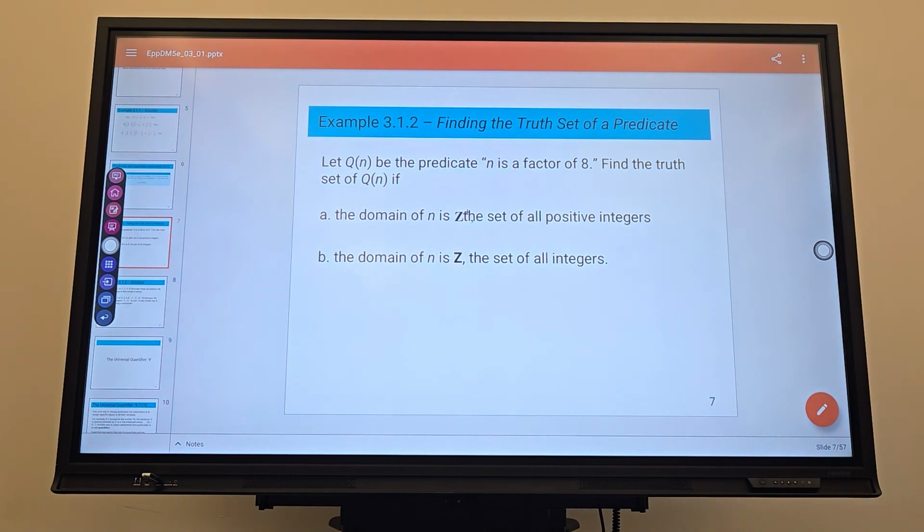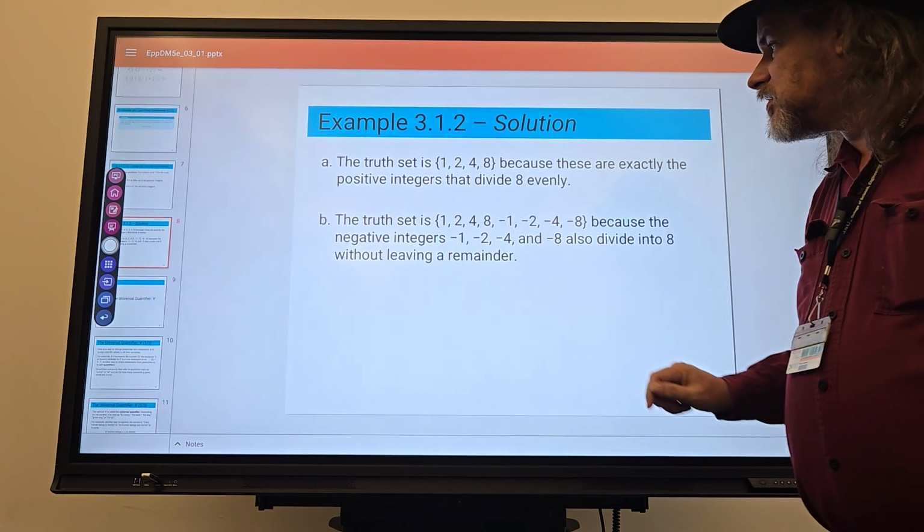The truth set for all positive integers would be 1, 2, 4, and 8. And if n is the set of all integers, it would be that plus minus 1, minus 2, minus 4, and minus 8. Right? So there you go.